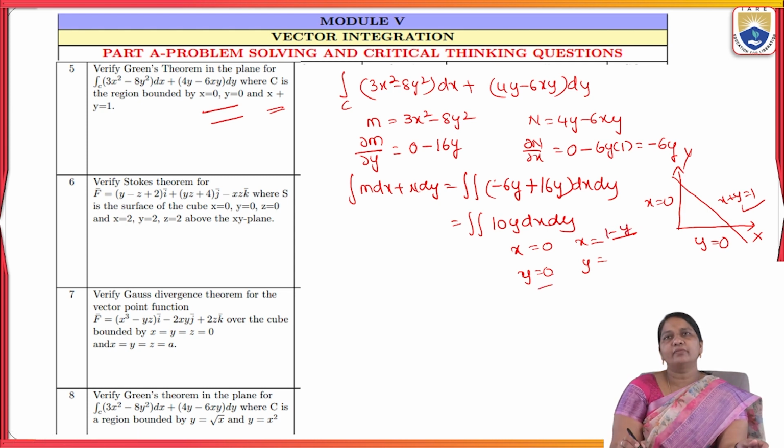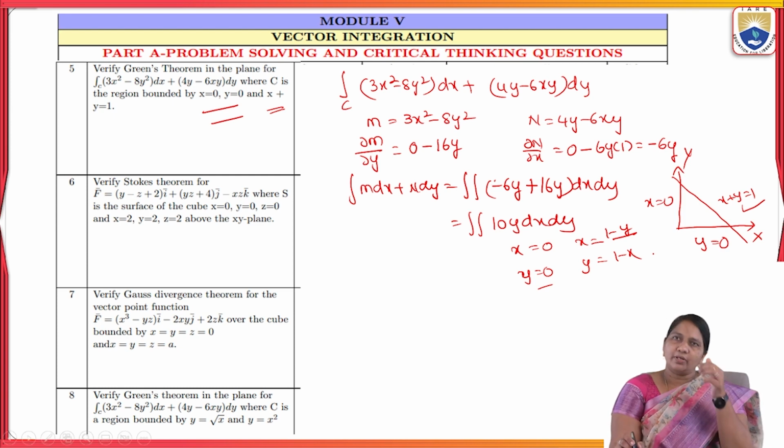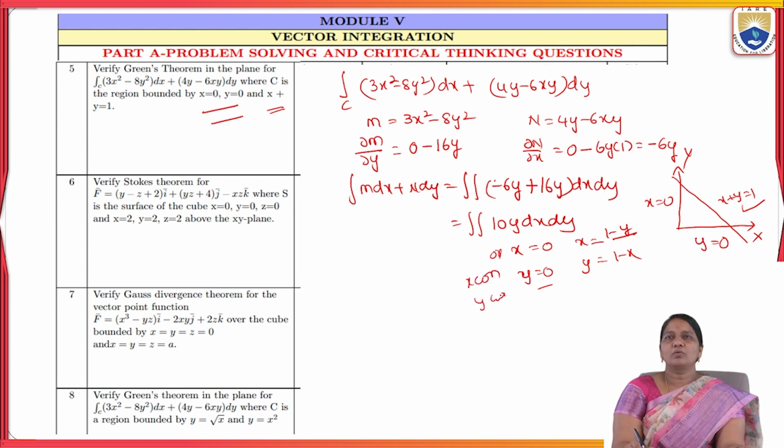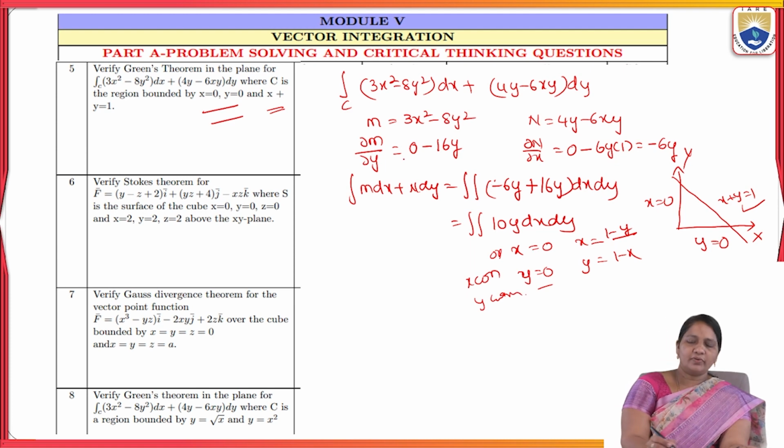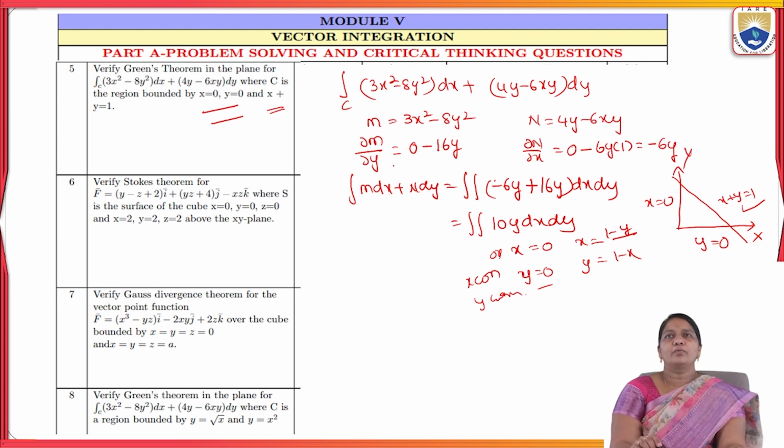Otherwise, if you want to take the variable y, y equal to 0 to y equal to 1 minus x. Then we can take x as a constant or y as a constant. Based on that we can calculate the double integral of dou N by dou x minus dou M by dou y into dx dy value.